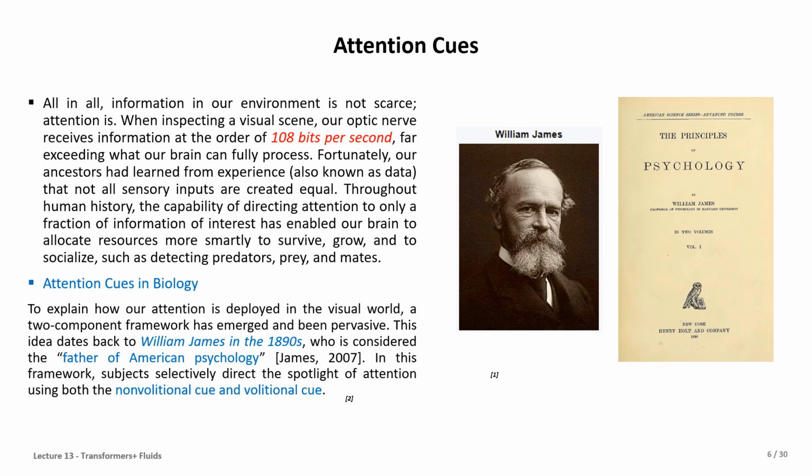In this framework, subjects selectively direct the spotlight of attention using both non-volitional cues and volitional cues. We will see in the next slide how these different cues are embedded in the attention mechanism, and how we create a mathematical definition for these cues to apply them in the attention mechanism.